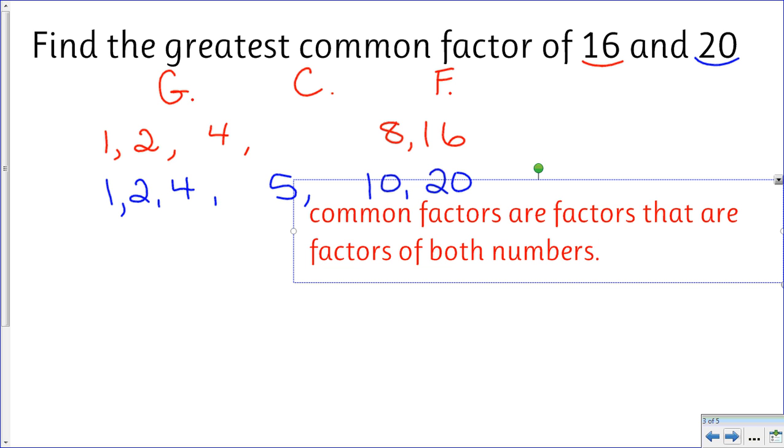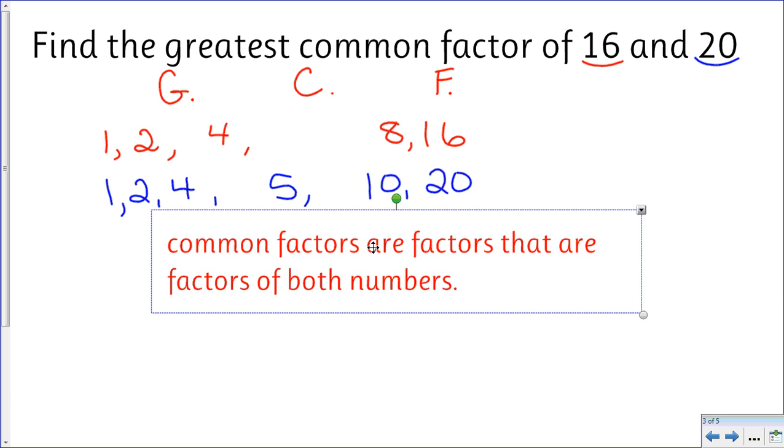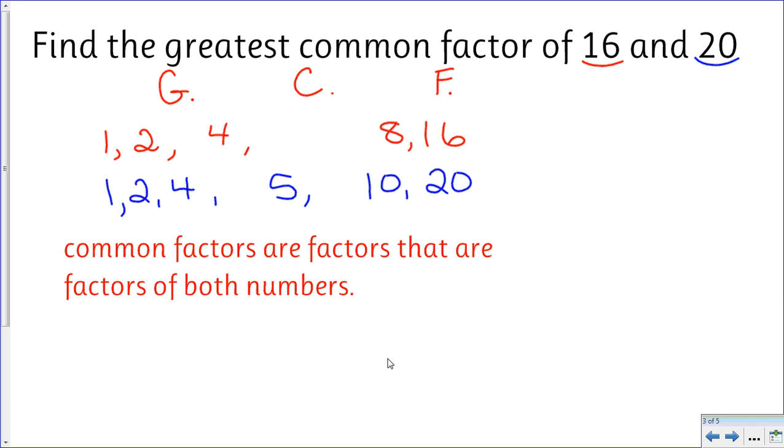Or in this case, we're looking at just 2 numbers. So the common factors are the factors that are factors of both numbers. In this case, we have 1 as a factor of both numbers. 2 is a factor of both numbers. And 4 is a factor of both numbers.